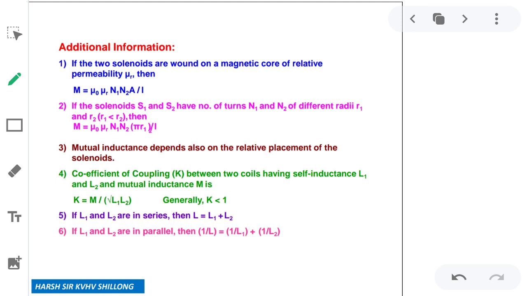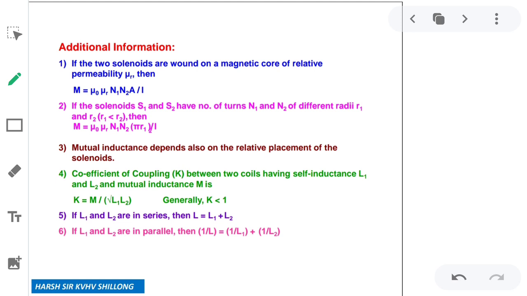Next, some additional information. If two solenoids are wound on a magnetic core of relative permeability mu r, then wherever mu r comes in any formula, always multiply it with mu naught and you will get the complete answer.